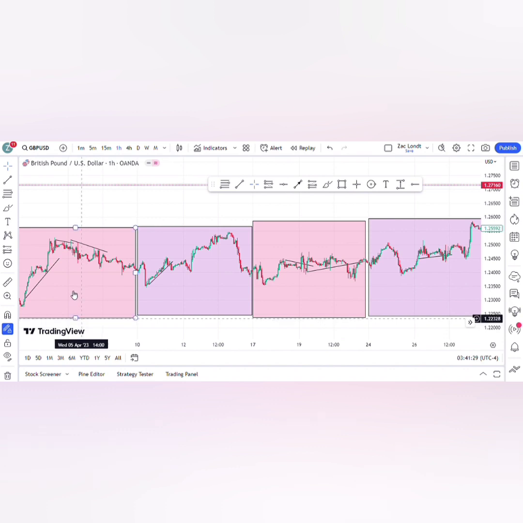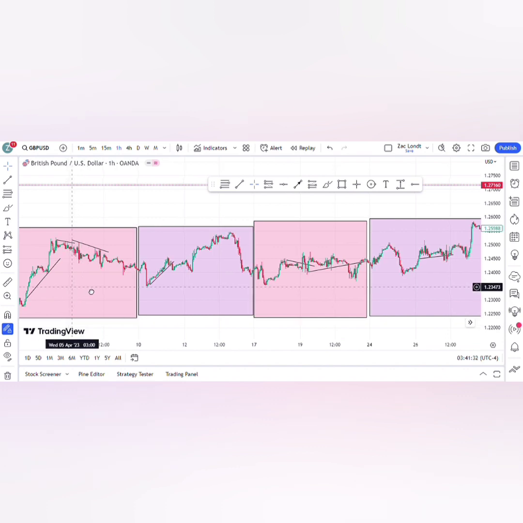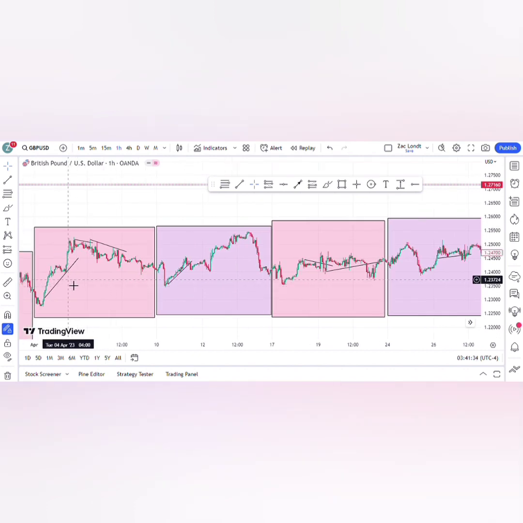And now you can see again, with a 1, 2, third touch, it went to the anticipated direction. Here as well, guys, 1, 2, 3, just hit the take profit.